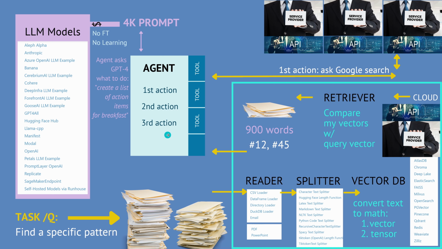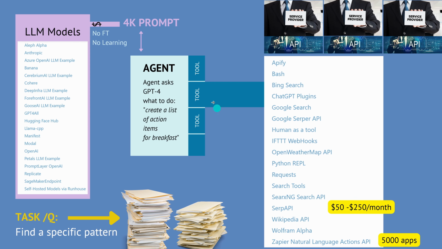Beautiful. So now we know our action points. And as an agent in LangChain, we have tools and toolboxes, whatever you call it. What are those tools? Those tools are data pipelines to commercial service providers.